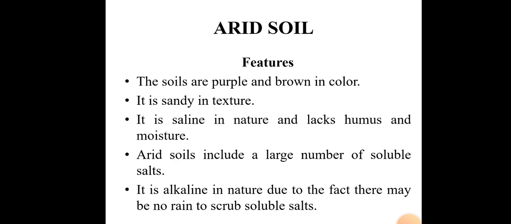Because of the presence of salt and its salty nature, it is very less fertile or not suitable for growing crops. It is alkaline in nature because there may be no rainfall or very little rainfall.